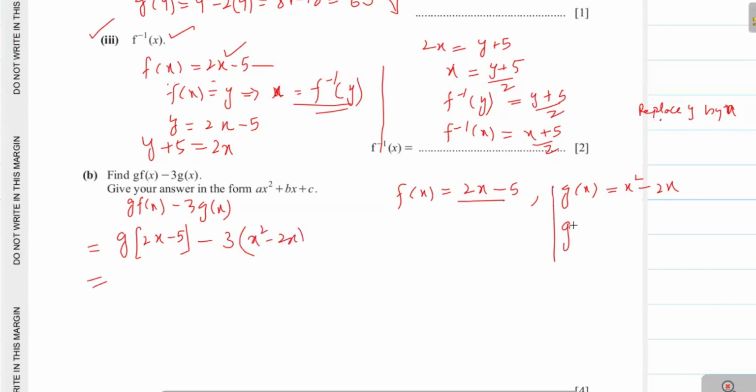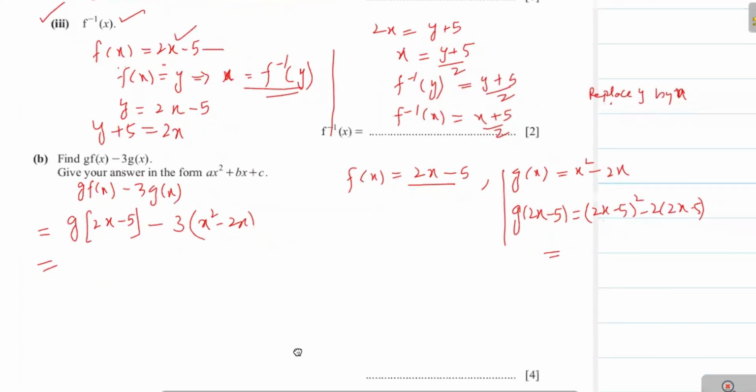And g of 2x minus 5 is, in place of x, 2x minus 5 whole squared minus 2 into 2x minus 5.